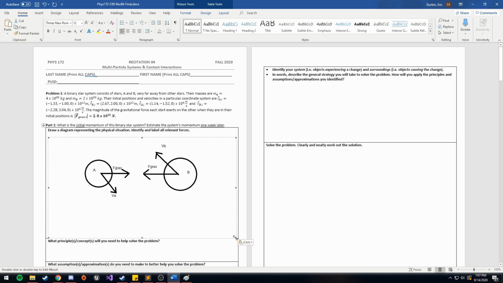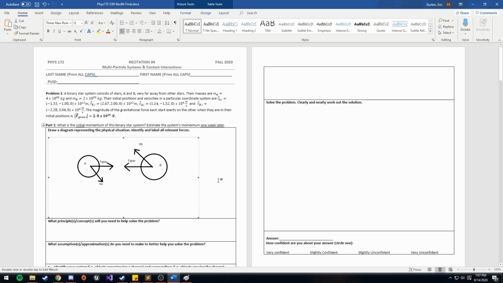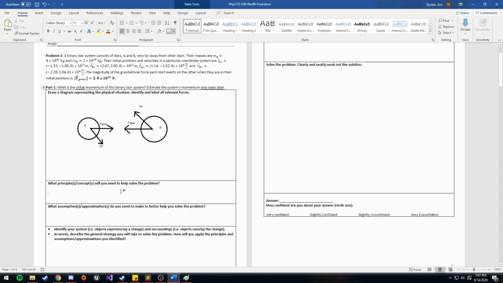Maybe gravitational equation, depending on how the problem's structured. I'll just write it down. Momentum principle. And what was the other one you said? Position update. Cool.